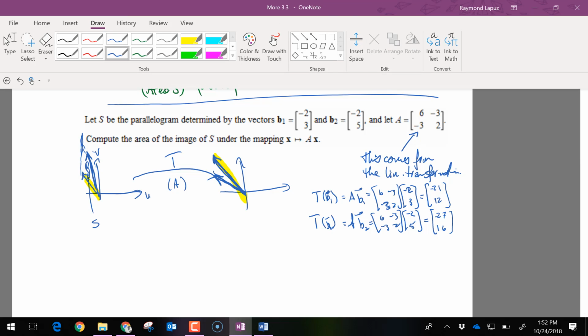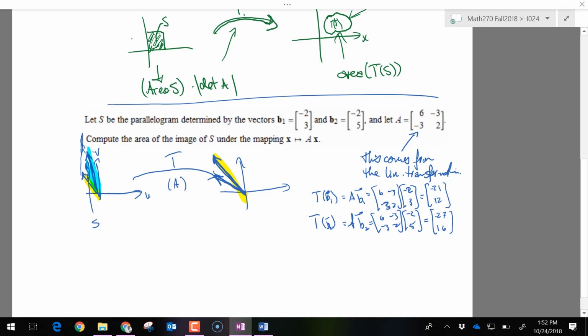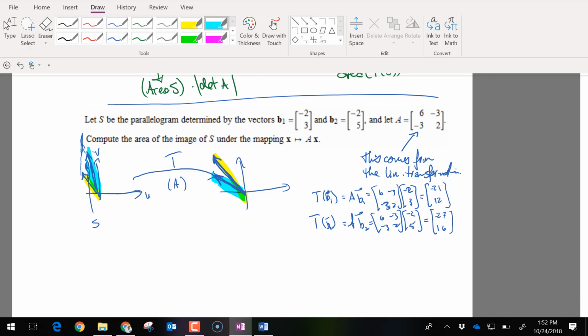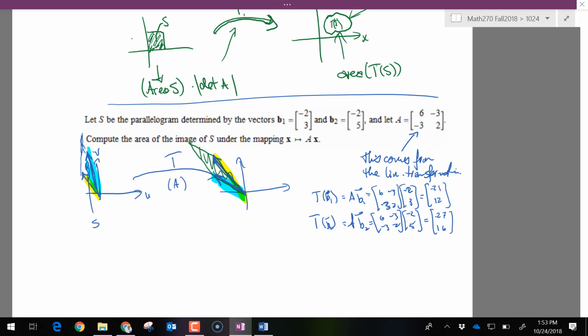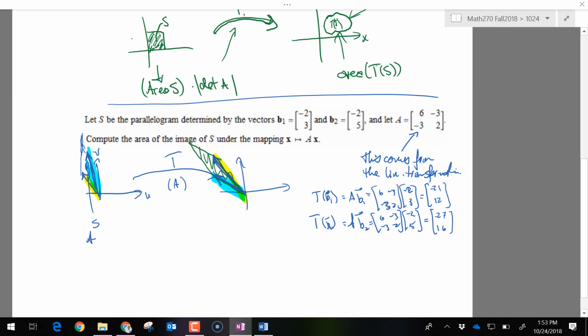So that maps this vector B2 to this vector. We're still going to get a parallelogram, but the parallelogram is different from the original parallelogram. So that's that. And now we find the area of S. So the area of S is going to be the absolute value of the determinant of the B1, B2 vector.